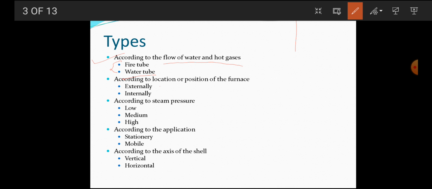Then next is according to the location and position of the furnace. There are externally fired and internally fired boilers. In internally fired boilers, the furnace forms an integral part of the boiler structure, and the vertical tubular and locomotive are examples.